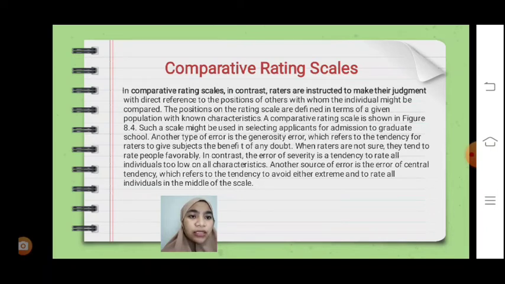In contrast, the error of severity is a tendency to rate all individuals too low on all characteristics. Another cause of error is the error of central tendency, which refers to the tendency to avoid either extreme and to rate all individuals in the middle of the scale.